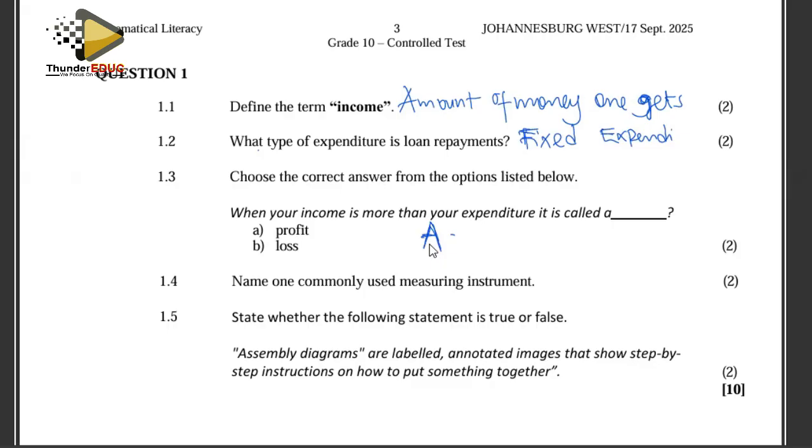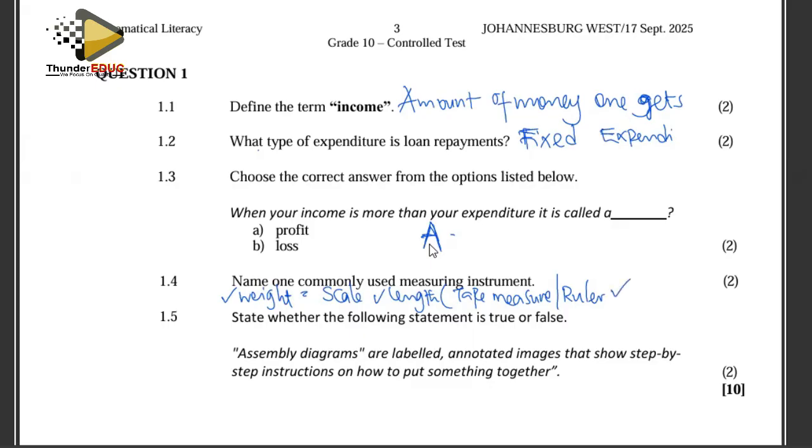Now, measuring instrument. If you talk of weight, measuring weight, it will be the weighing scale. If you're talking of length, these are two answers. We are looking at the tape measure, or if it's on paper, we usually use a ruler.